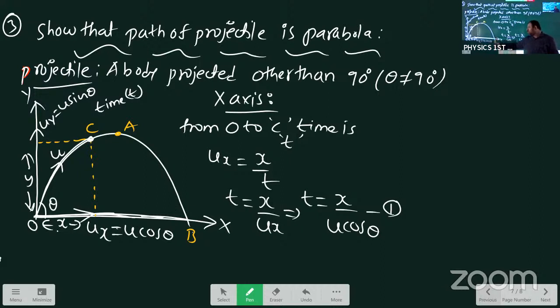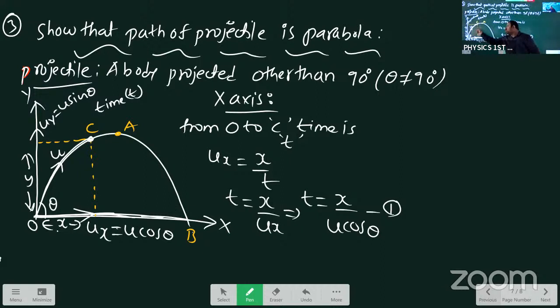Graph: initial velocity u, ux is u cos theta. The initial velocity is only u, and the vertical component, by vector resolution, is x-axis cos theta, y-axis sin theta.